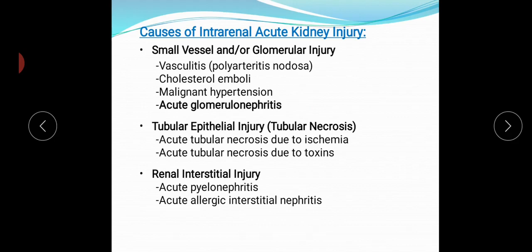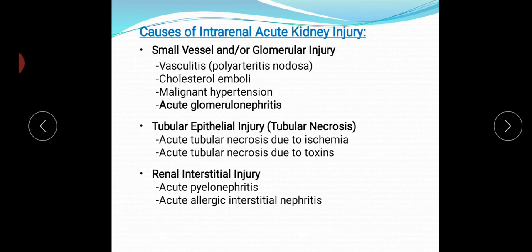Glomerulonephritis basically causes inflammation or damage to the glomeruli. Primarily the cause is a bacterial infection elsewhere in the body, and the most common infection is streptococcal infection. That infection may lead to the production of antibody against the antigen of that particular bacteria.